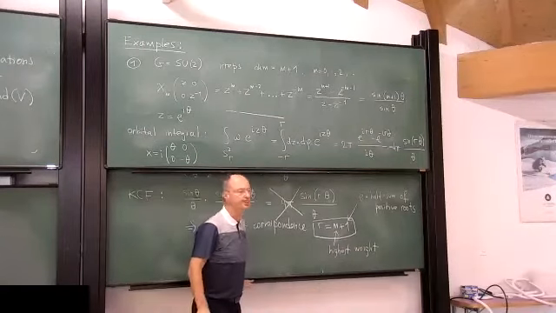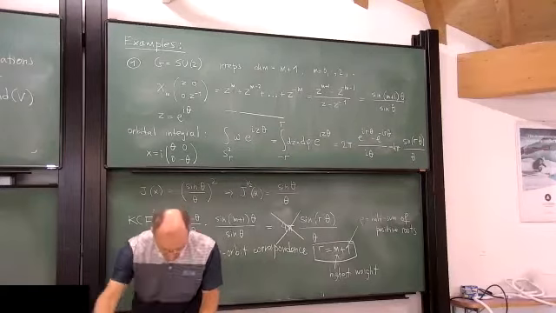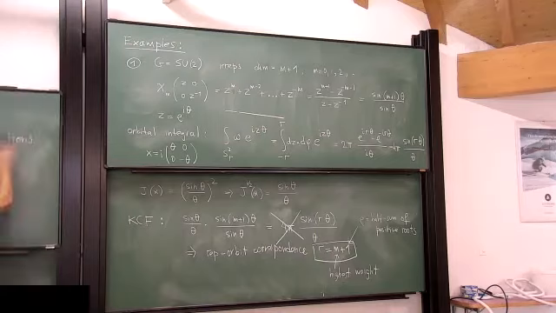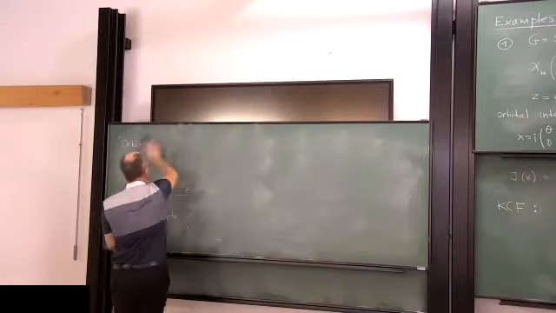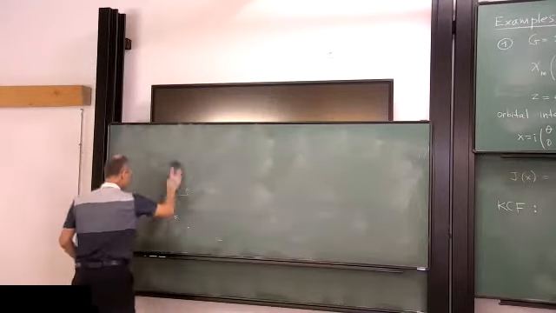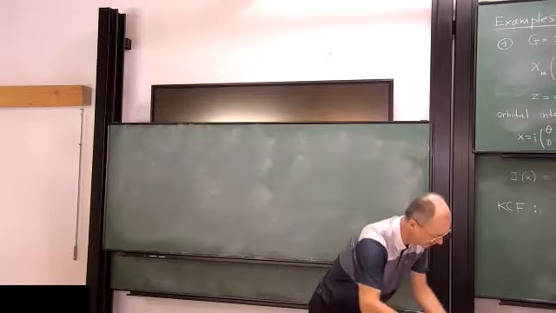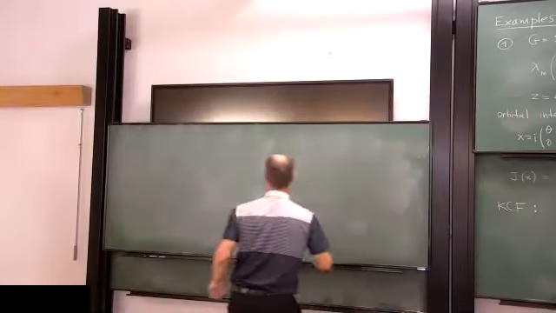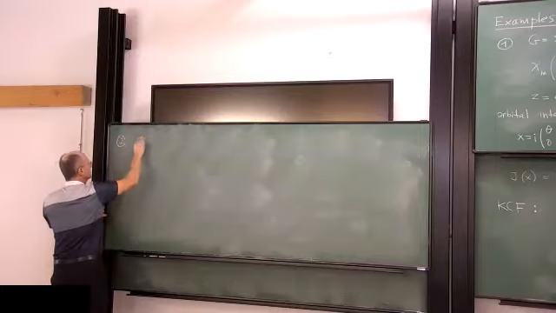Let me write down the similar formulas for SL2R. So there are many types of unitary representations, and I'll write the formula only for one type.